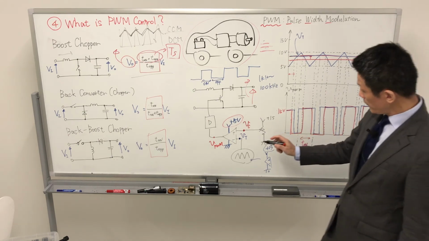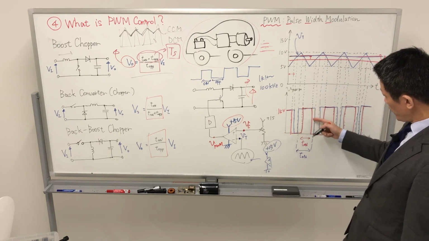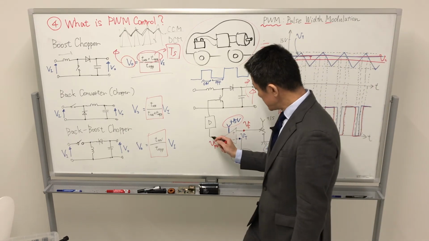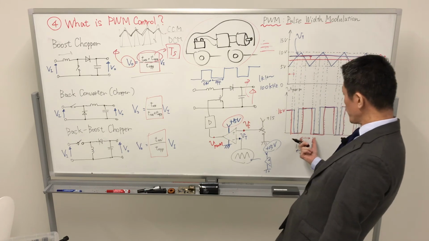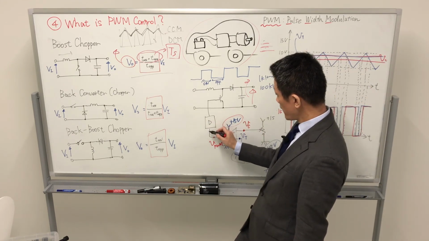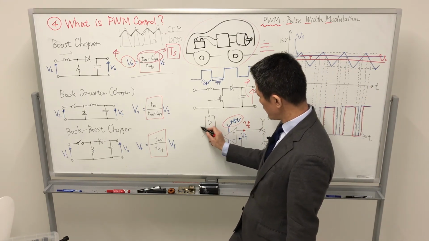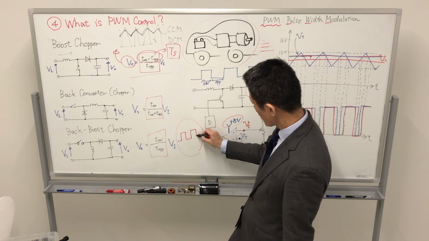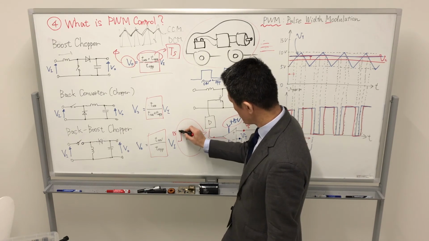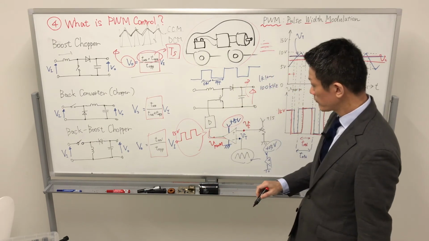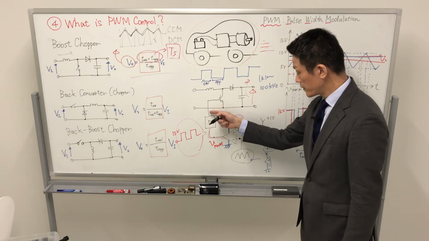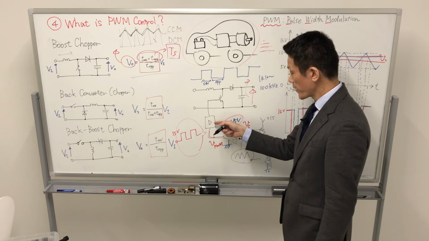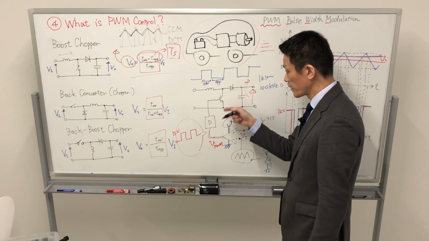We have only the turn on term and turn off term, but using the turn on term and turn off term, this line's waveform is the PWM, like this, 15 volt, 0 volt, and it goes through the gate drive circuit for the power semiconductor devices.